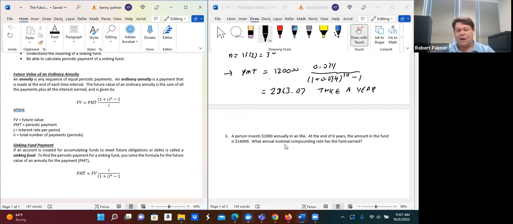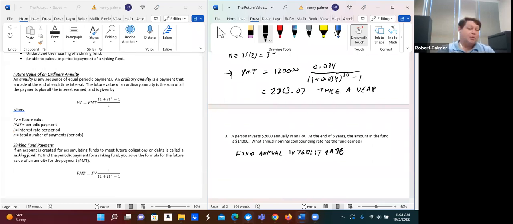What is the nominal compounding rate that the fund earned? Okay, so what we're trying to find is essentially the annual interest rate. We'll approximate that, the same kind of annual interest rate we've used before.